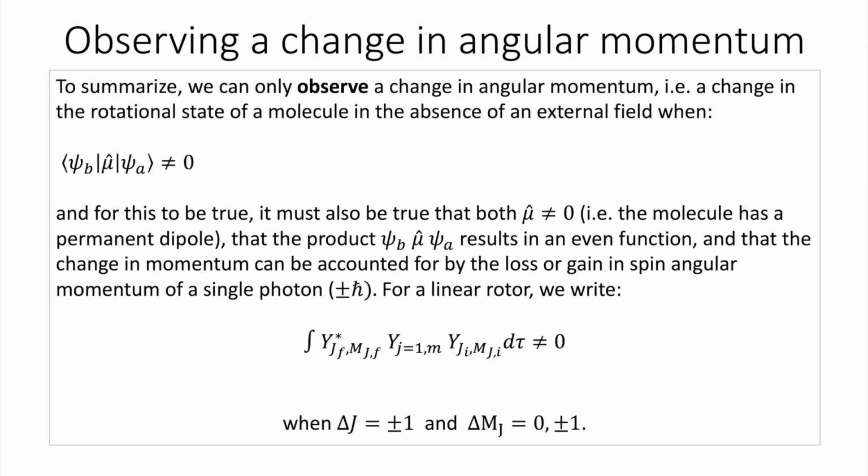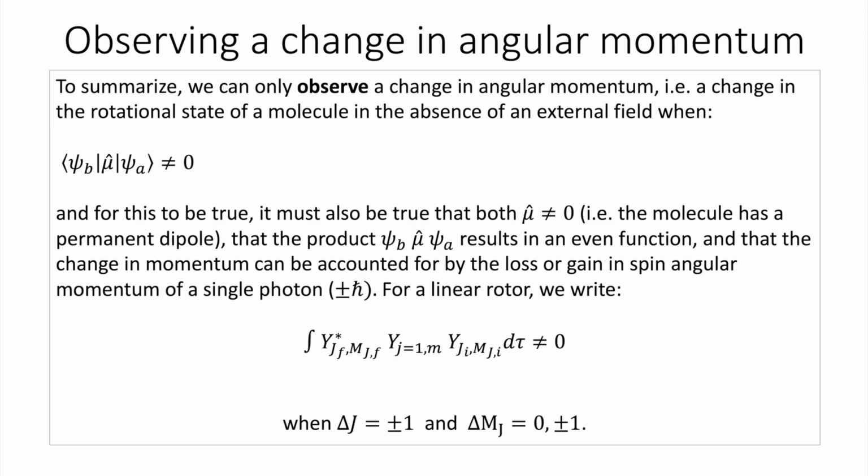So to put it all together, we can only observe a change in angular momentum, i.e. a change in the rotational state of the molecule, in the absence of an external field when this integral is not equal to 0. These are the selection rules. For that integral to be not equal to 0, it's important that mu hat is not equal to 0, meaning the molecule has a permanent dipole, and also that the product of those three functions, psi b times mu hat times psi A, must result in an even function, because the odd ones integrate to 0.